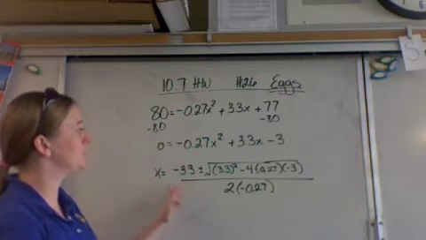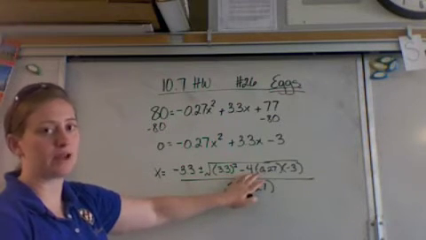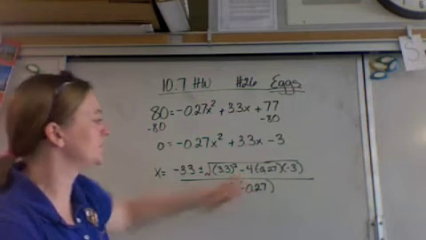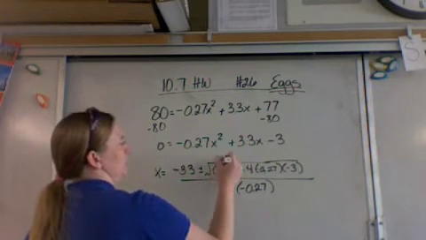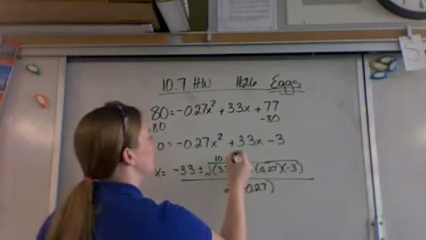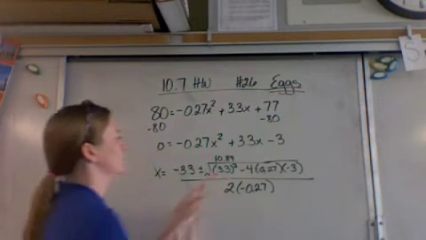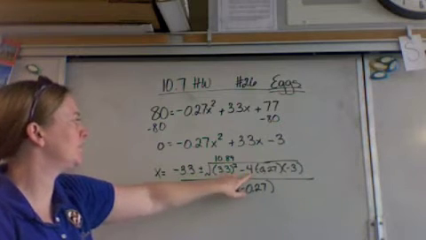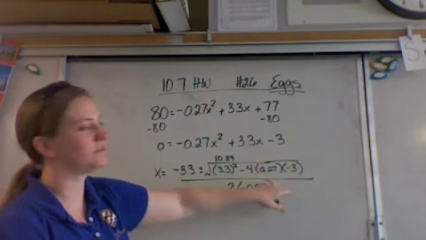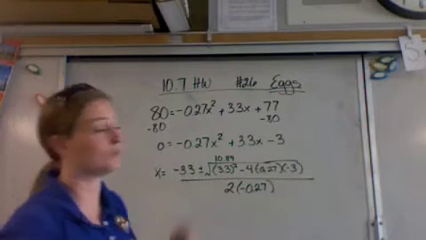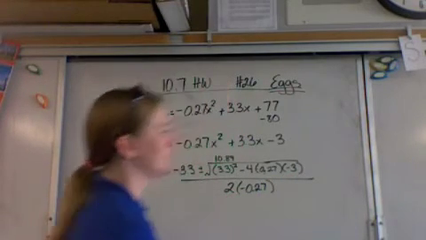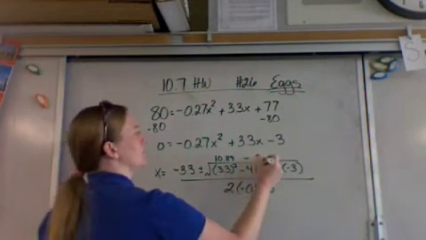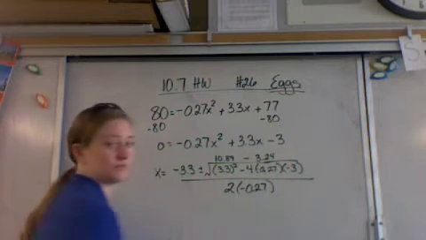So the first thing you want to do is figure out what's underneath this radical symbol. 3.3 squared is 10.98. I'm sorry, 10.89. And then negative 4 times negative 0.27 times negative 3, when you multiply all those together, it comes out to negative 3.24.